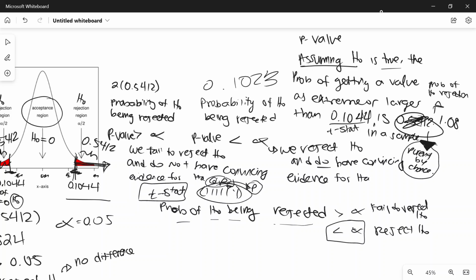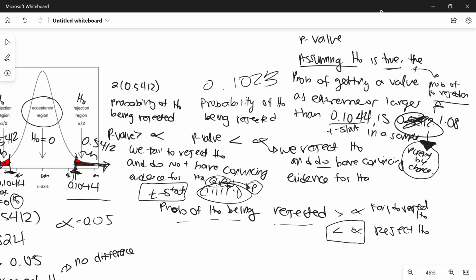Let me think. Is getting a value such as that 100%? Purely by chance, though, in a sample, but that's the probability of H0 rejection. So what does H0 rejection and H0 being true have to do with each other?